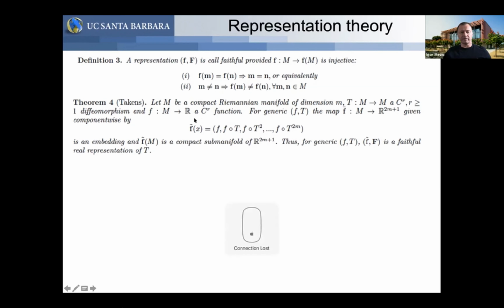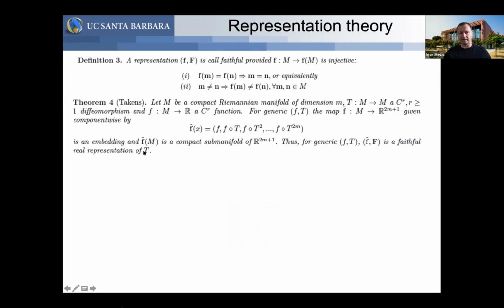And so if I define f tilde as a set of functions that is obtained from taking a single observable f, and time delaying 2m minus 1 times, then I get an embedding, and Takens tells me that for generic pairs of observable and the mapping, the f tilde and f is a faithful, real representation of T.